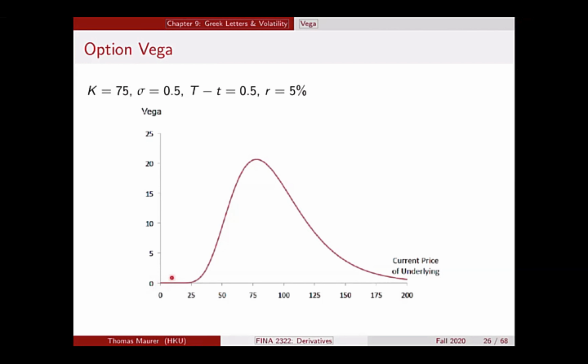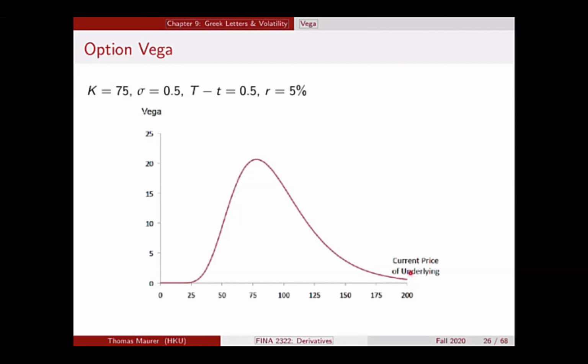If the price of the underlying is very low, that means the call is very deep out of the money. And therefore, even if risk becomes larger, if you're very, very deep out of the money, then an increase of risk is still not going to matter that much for your cherry picking right, because again, you're still pretty much certain that the option is going to be out of the money. So that means that basically Vega doesn't matter.